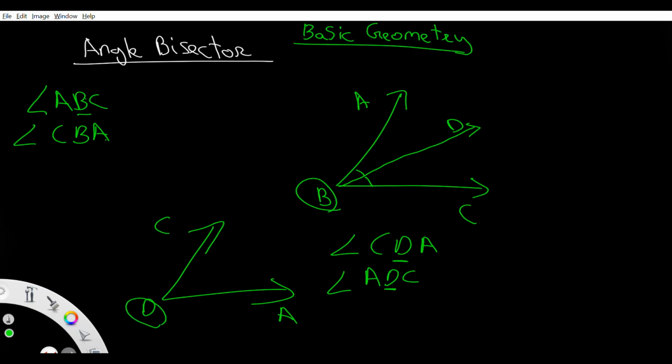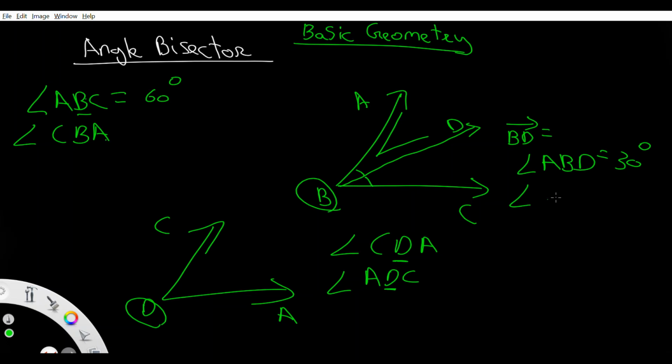So let's say for example angle ABC is equal to 60 degrees. And if the ray BD is an angle bisector, then angle ABD, this angle, would be 30 degrees.